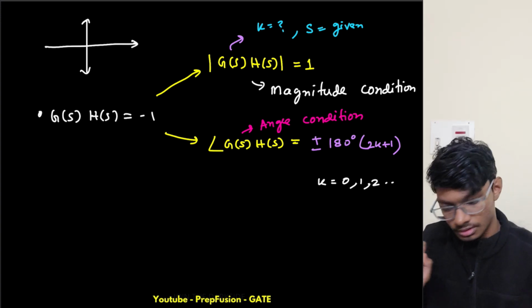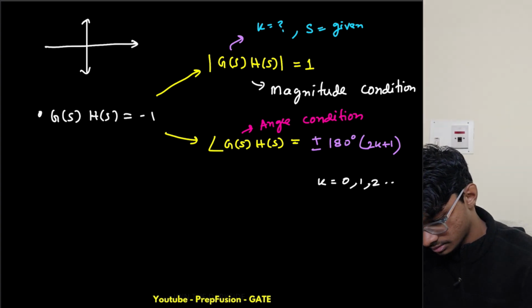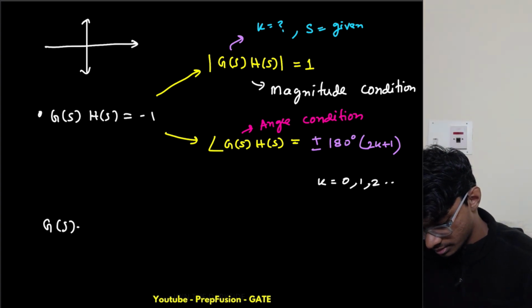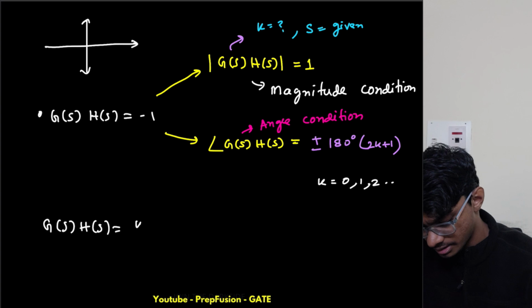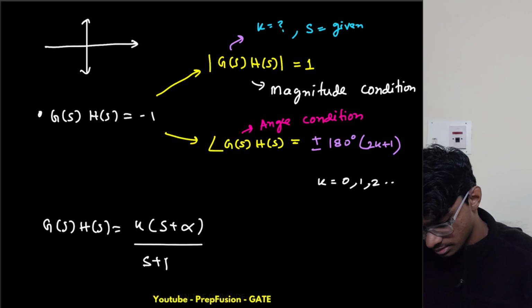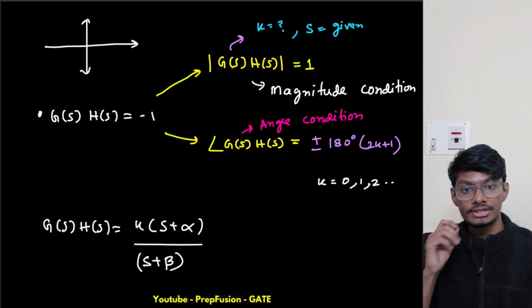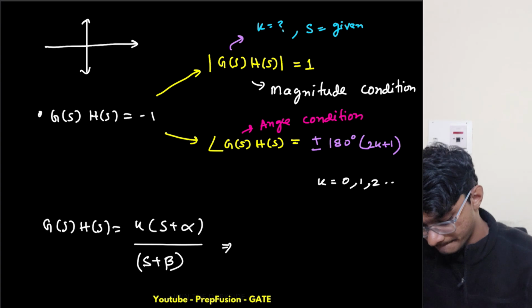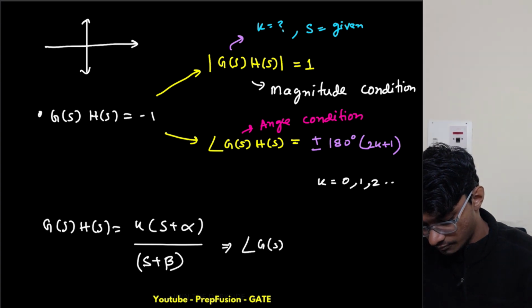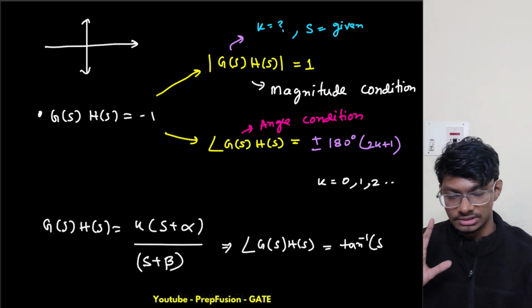Let me take one example: g of s into h of s equals k into (s plus alpha) divided by (s plus beta). So what is the angle? The angle of g of s into h of s is basically tan inverse of (s plus alpha) minus tan inverse of (s plus beta), depending on the location.